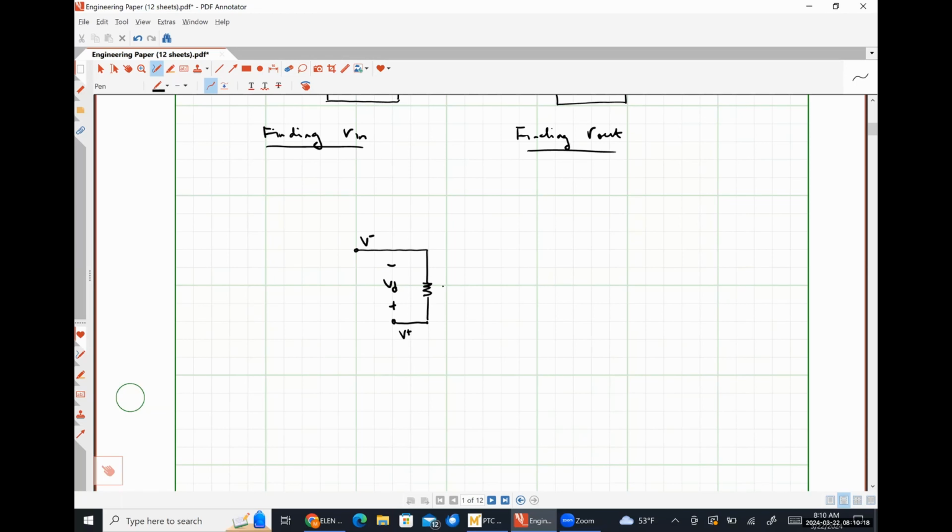Here's our input resistance Rn, which is 1 mega ohm. Here I have AVOL times VD.